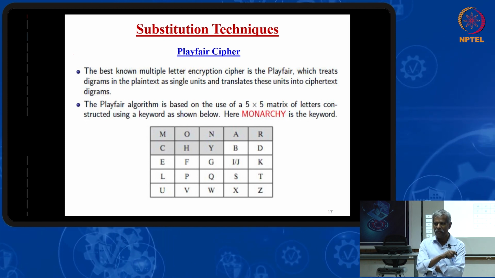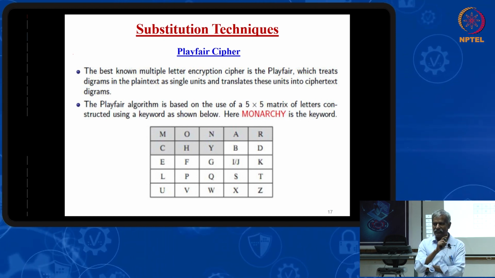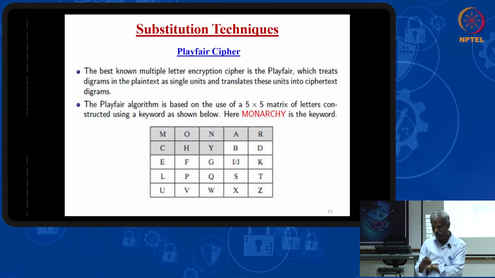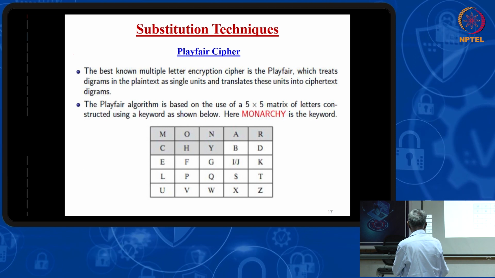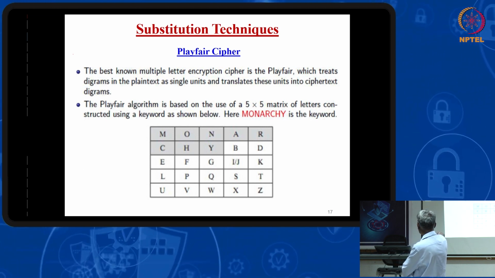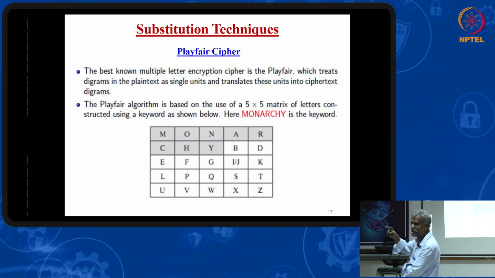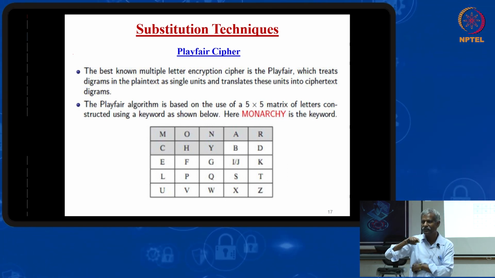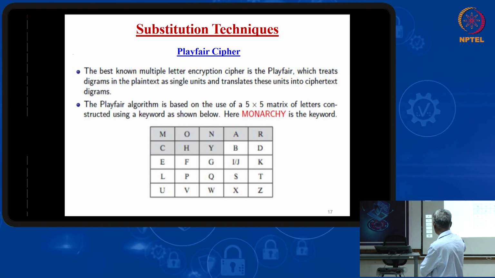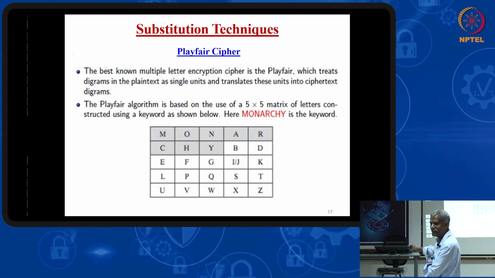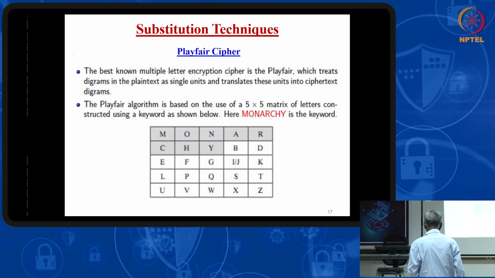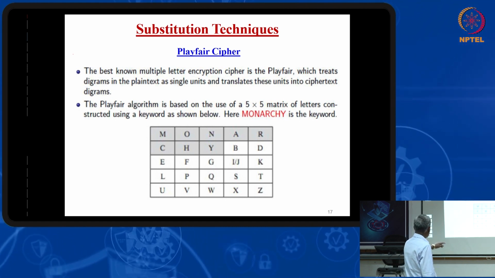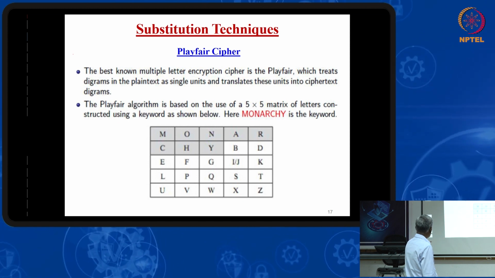Start with A. Is A available in monarchy? Yes. Is B available in monarchy? No. So we put B immediately after monarchy. Is C available in monarchy? Yes. And D? No. So after B we put D like this. Remaining letters are B, D, E, F, G, I and J in one box, K, L, P, Q, S, T, U, V, W, X.